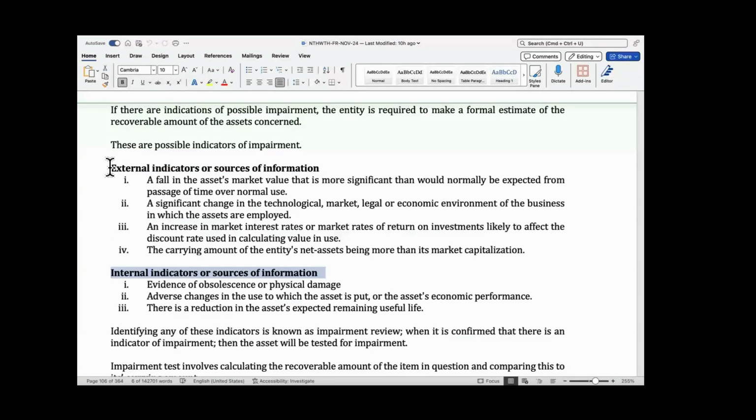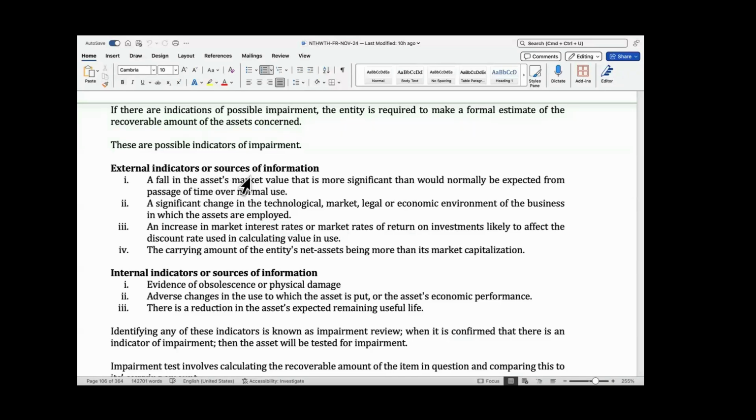For the external, from the name, that means these mostly are indicators that are outside the control of the company itself. And number one is where there is a fall in the market value that is more significant than would normally be expected from passage of time over normal use.